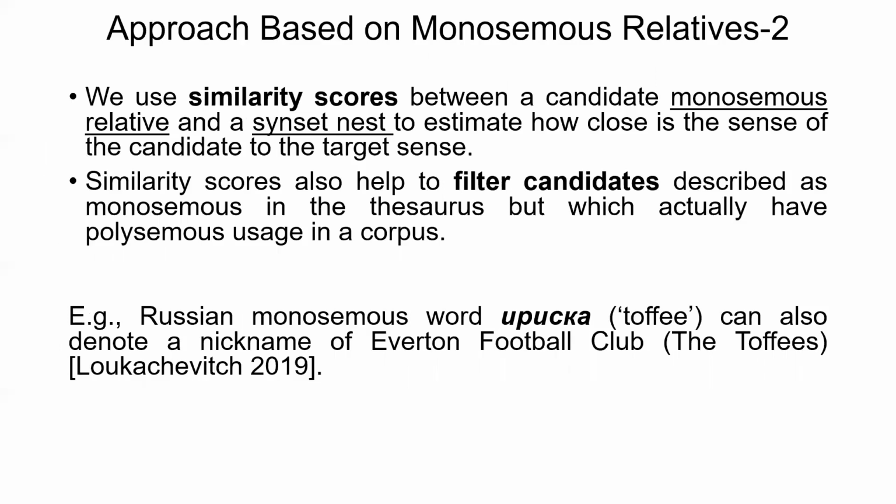Moreover, we check similarity scores to the synset nest for every monosemous relative, because a word described as monosemous in the thesaurus can actually have polysemous usage in a corpus. For example, the Russian word iriska, toffee, can also denote a nickname of Everton Football Club, the Toffees. Thus, the usage of candidate monosemous relatives in the source corpus should be further checked.